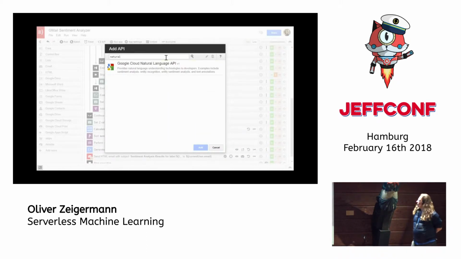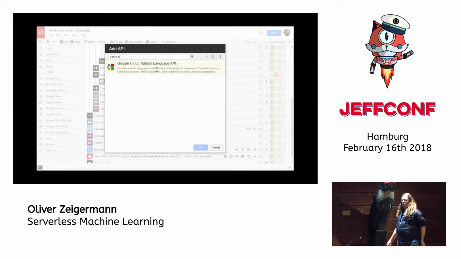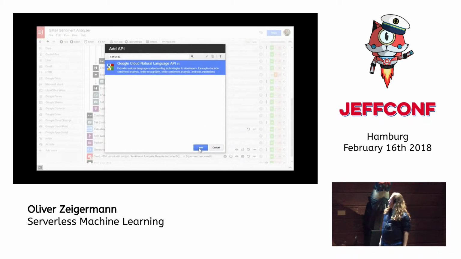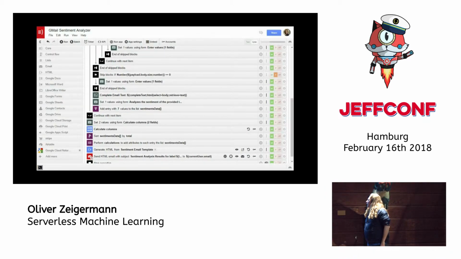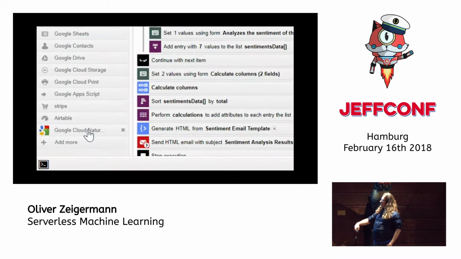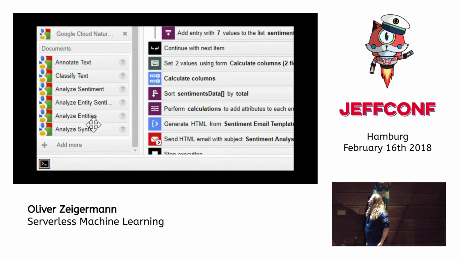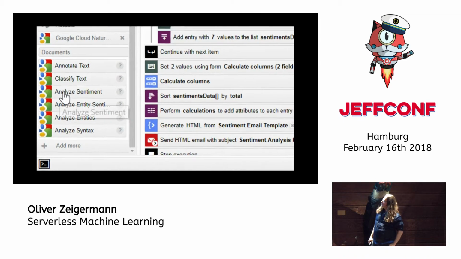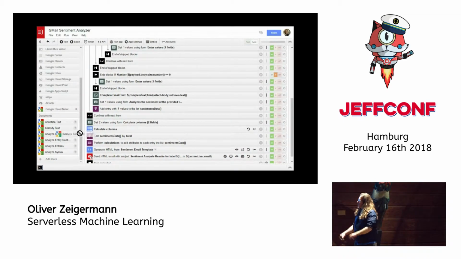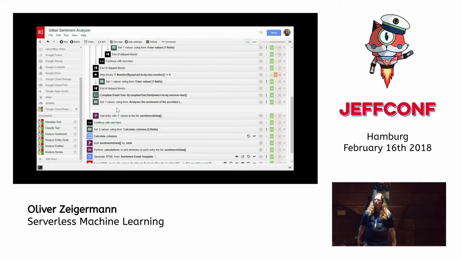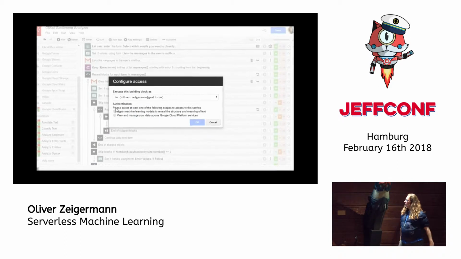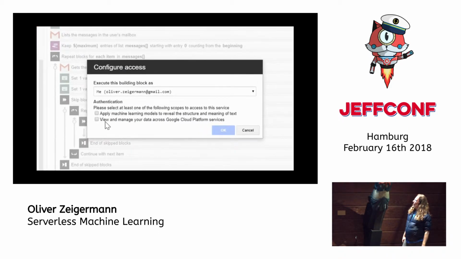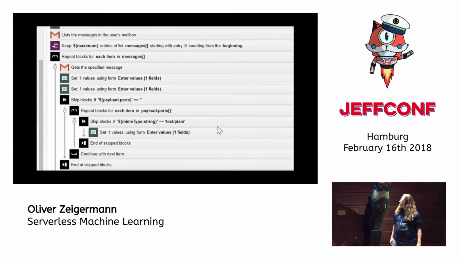It finds the Swagger definition files, and once you do this, it gives you blocks like this, and you can just do sentiment analysis. This is not specific to this tool; it's in the Swagger definition of the Google API, which is pretty nice. Then you say how you want to execute it and give it authentication scopes, because maybe you don't want to do it using your account.